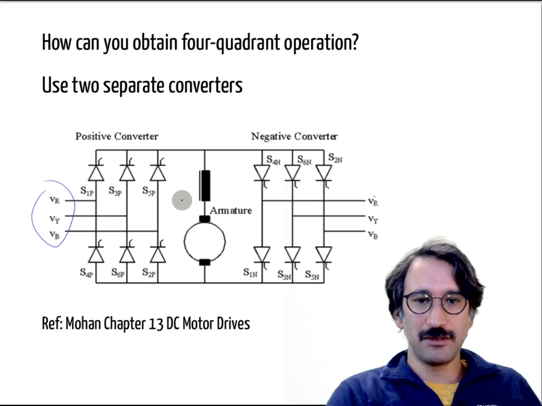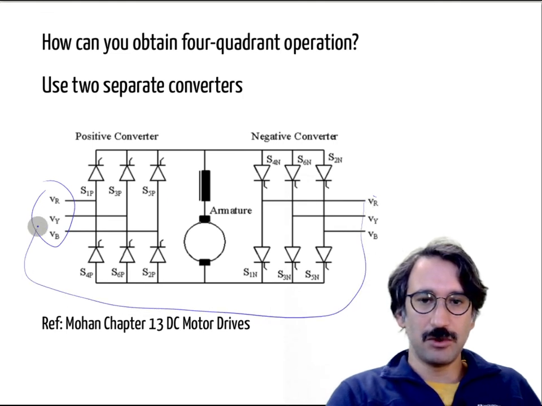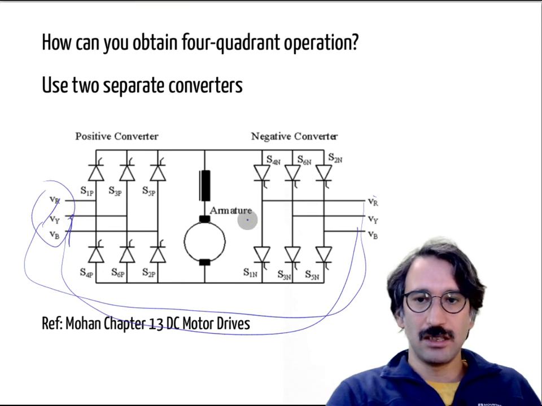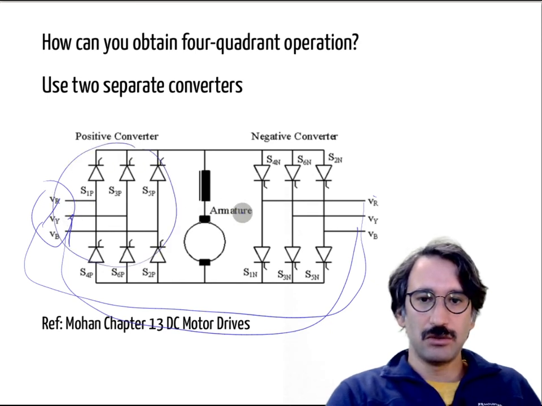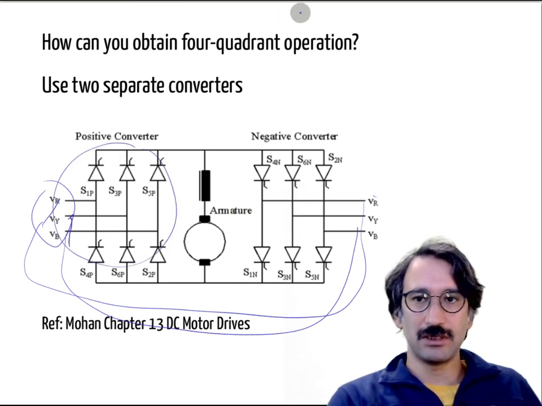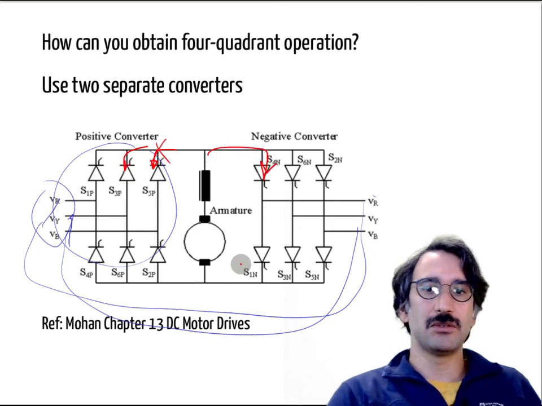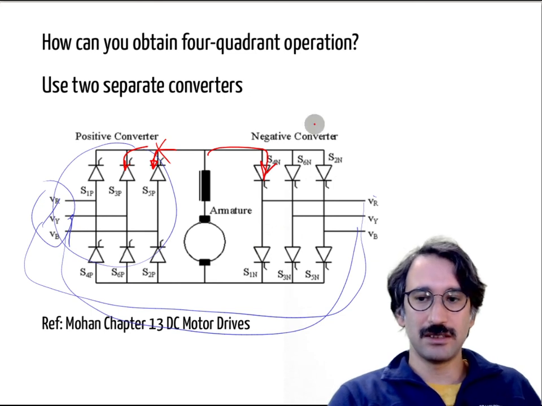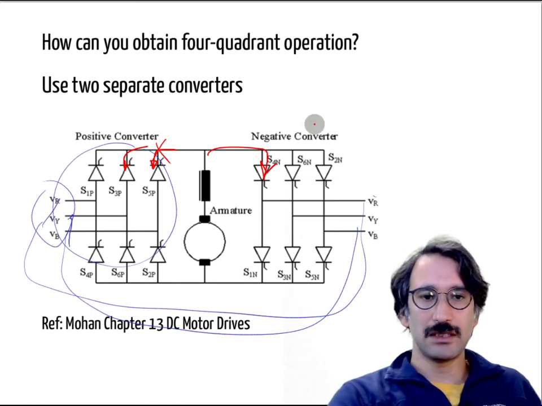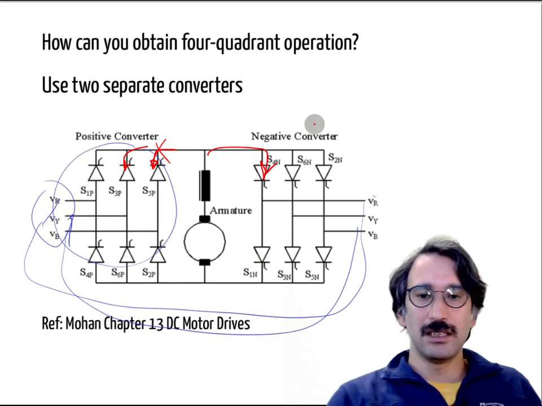Of course, these 3 phases are not different, both are connected to the same phases. The only thing is you have 2 anti-parallel thyristor converters in order to have current in both directions, because you cannot have current in the reverse direction through one set, but you can have current through the next set of thyristors that way.